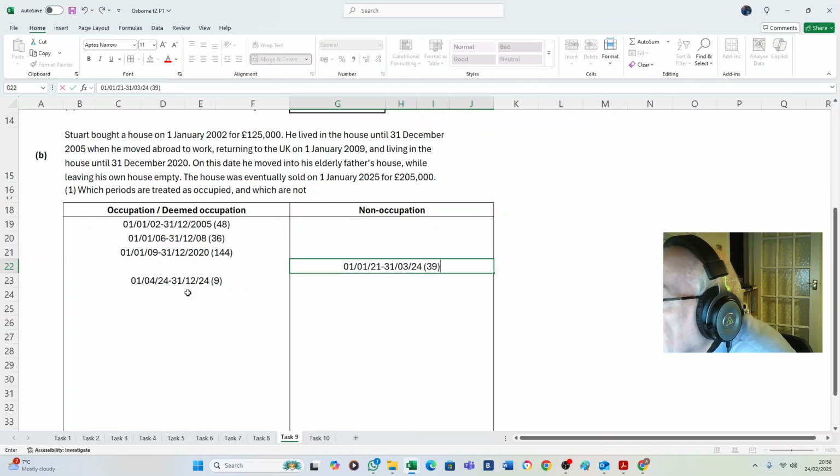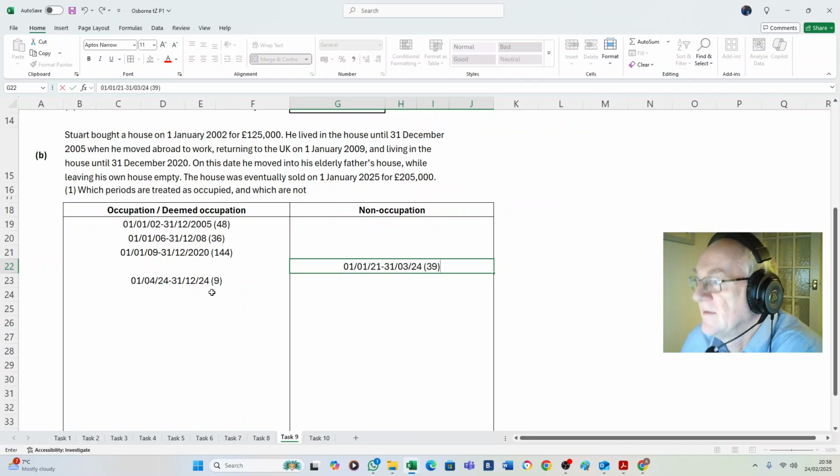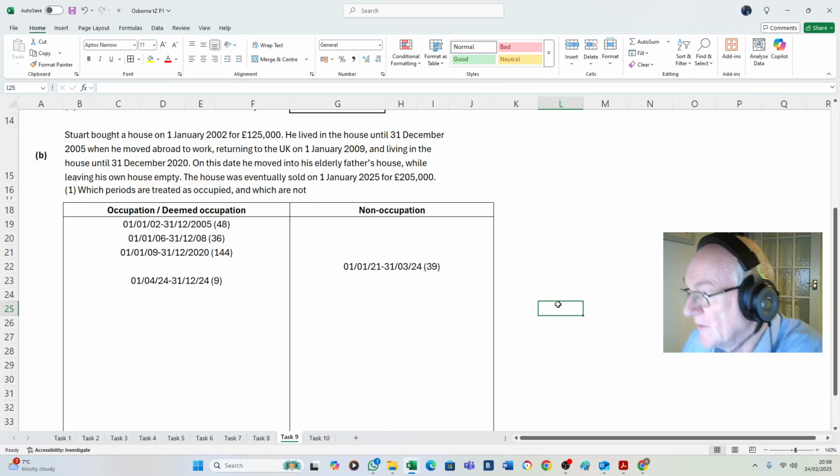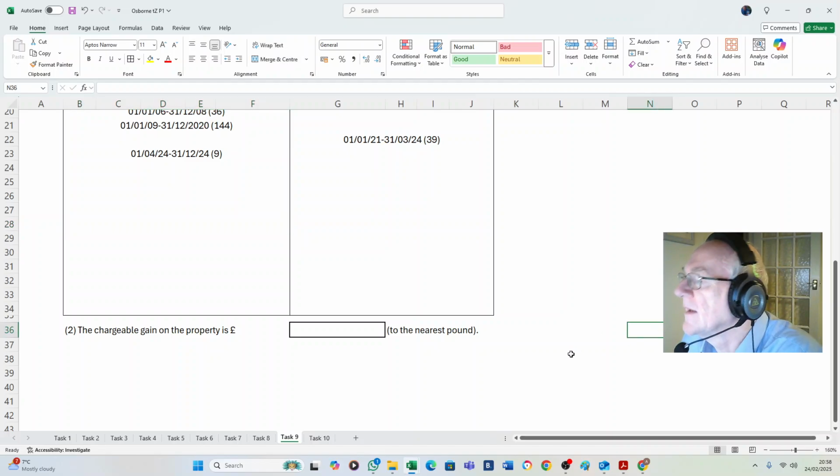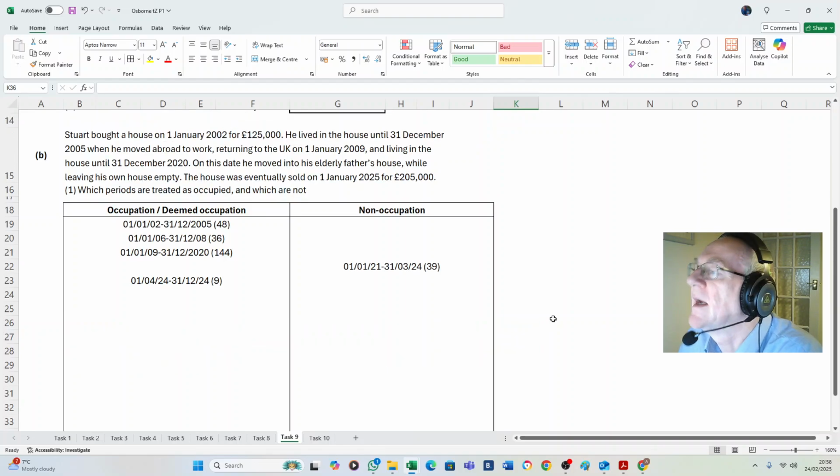39, basically that was, if you work it out, that's 21, 22, 23 and 24 minus the 9 months we've already got. That's why I worked it out so quick. So the final gain, well, how much did he gain first?